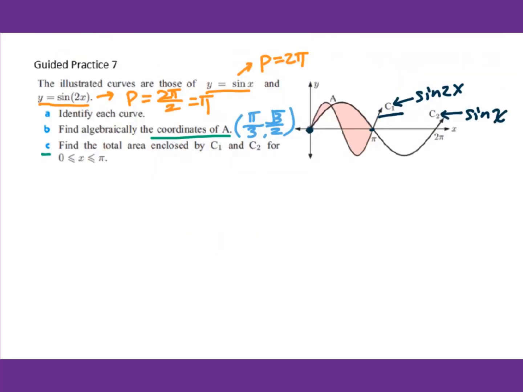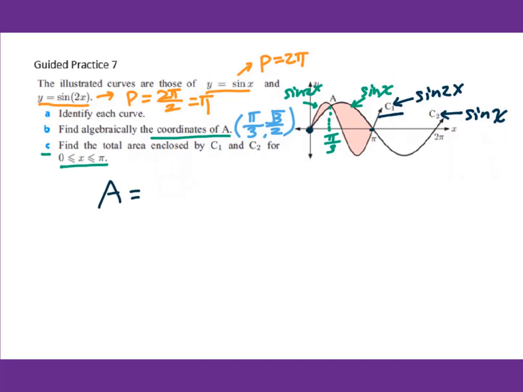Find the total area enclosed by C1 and C2 for x between 0 and pi. This will be sine 2x. This one will be sine x. Coordinate will be pi over 3.